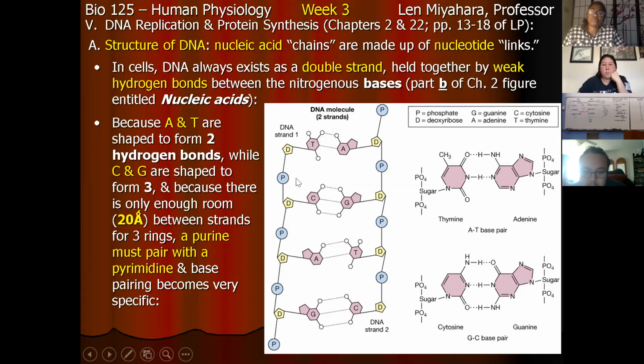The distance between the strands only allows for 3 rings, which is why a purine always matches up to a pyrimidine. A 2-ring purine must match up to a single ring pyrimidine because there's only room for 3 rings. That's the 20 angstroms.